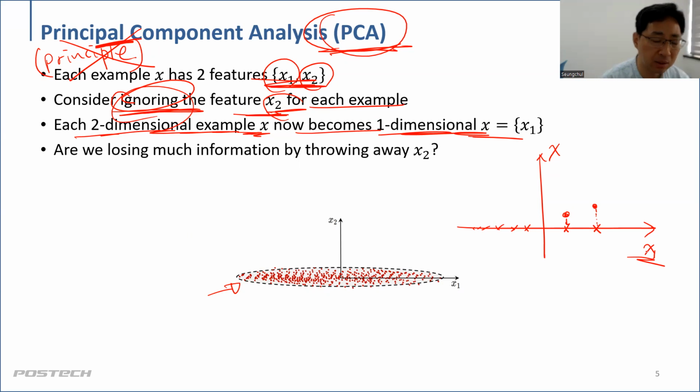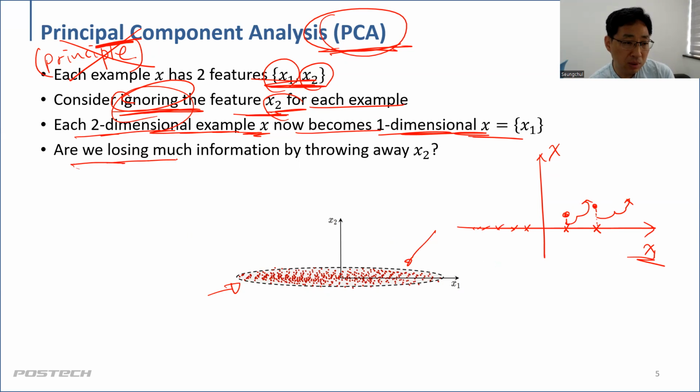Then let me ask, what kind of information are you going to lose? In this case, are we going to lose a lot of information by throwing x of 2 away?